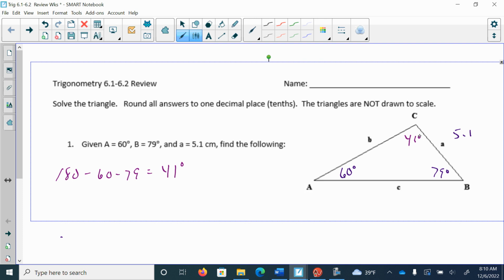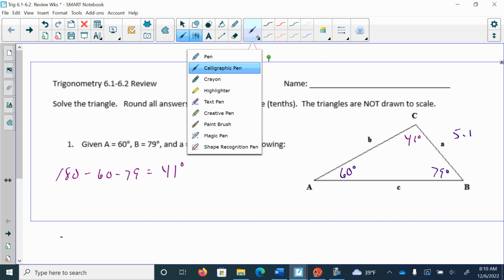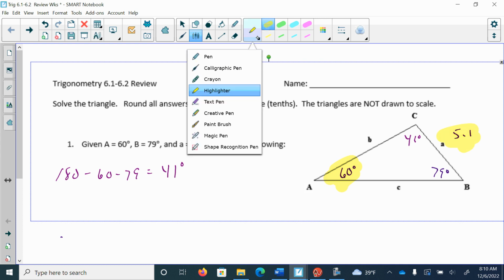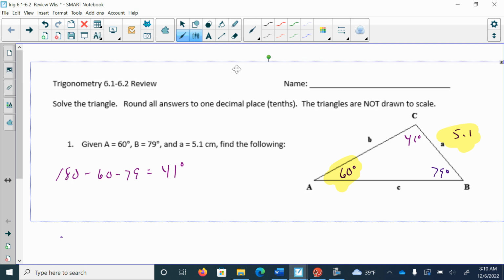Then one pair that I was given, the opposite pair, is that angle A is 60 degrees and side A is 5.1. So I'm going to start with that pair, and I'm going to say that 5.1 over the sine of 60 degrees is equal to, and let's go ahead and find B next, B over the sine of 79 degrees.